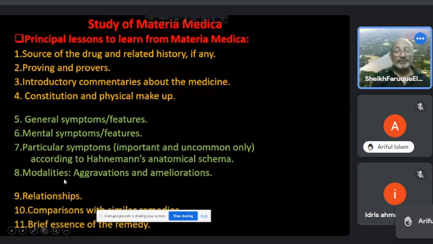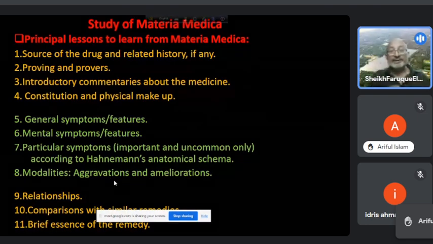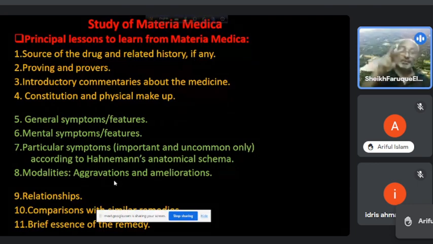Then you also read the modalities, aggravation and amelioration, of the medicine. You study them in two categories, general modality and particular modality. Sometimes you find the general modality is different from the particular modality.